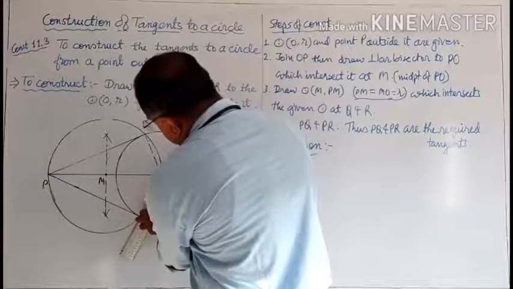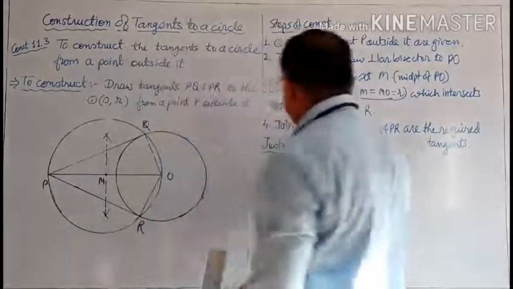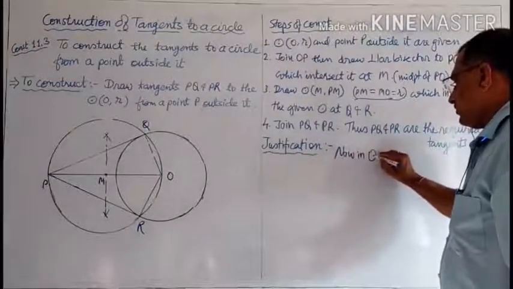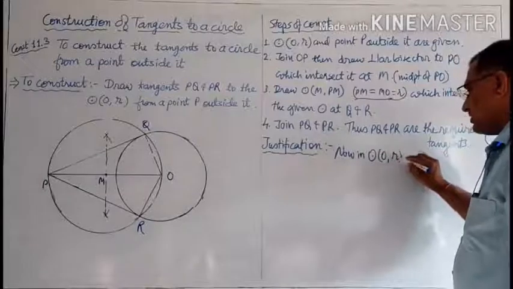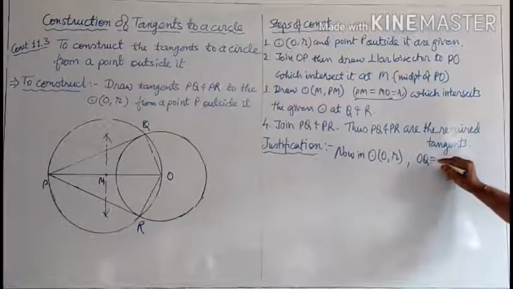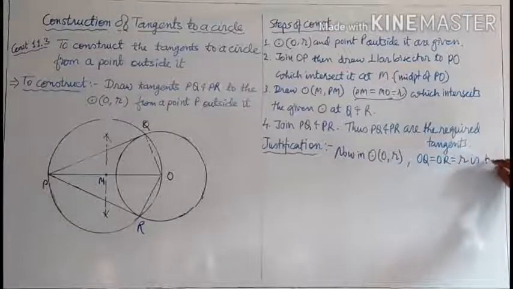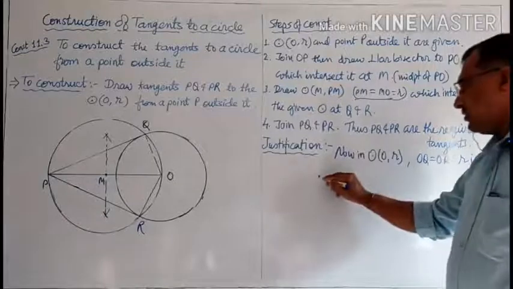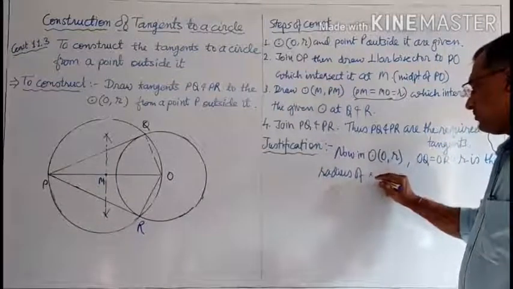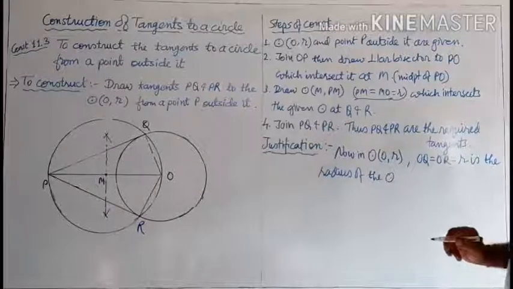Now in the circle with center O and the radius R, OQ is equal to OR, and that is equal to R, the radius of the circle.